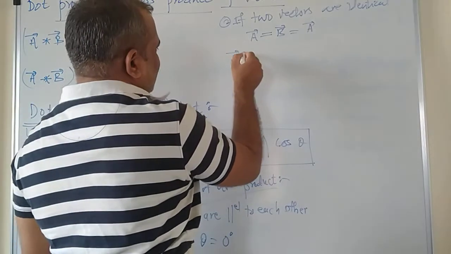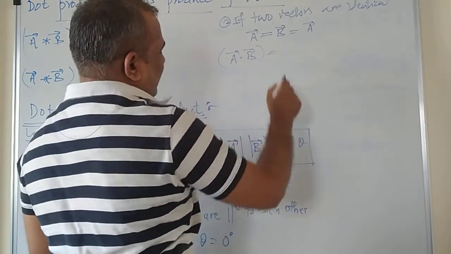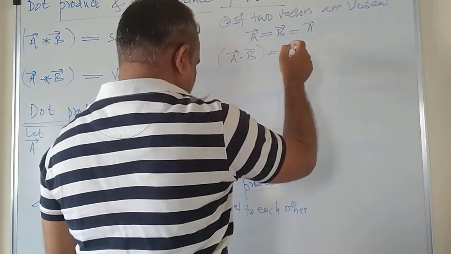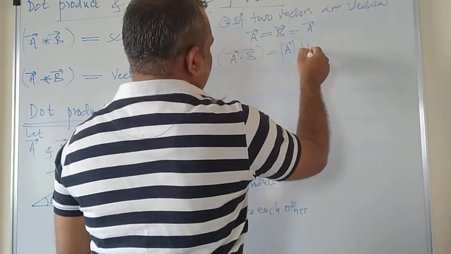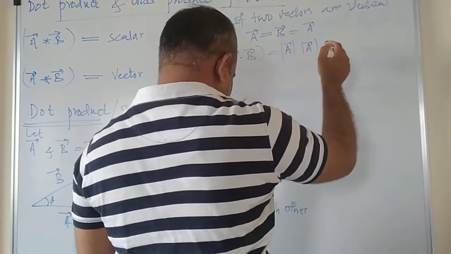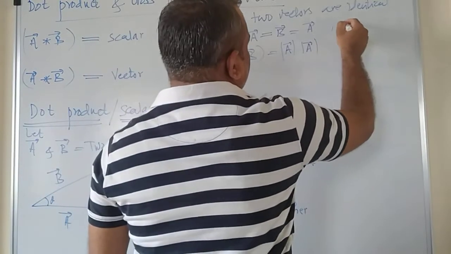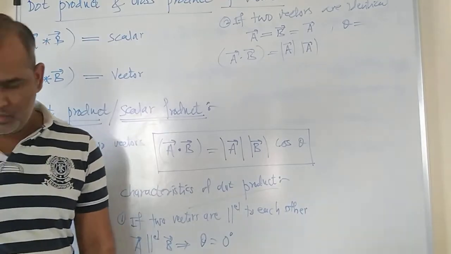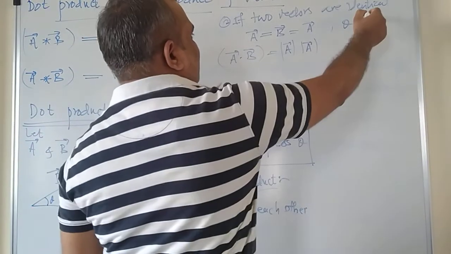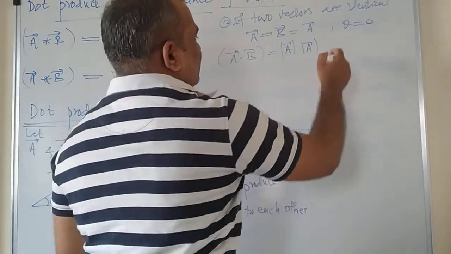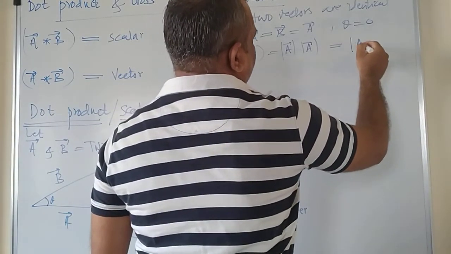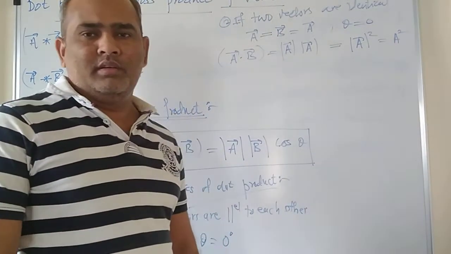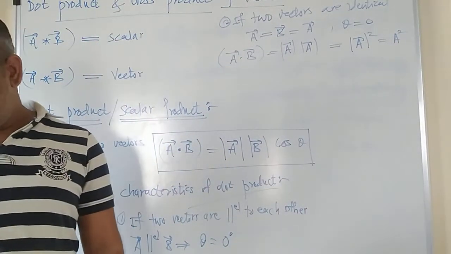Then the dot product between the two vectors a bar dot b bar will be equal to the magnitude of a bar, which is mod of a bar, and the magnitude of b bar, which is also mod a bar, into cos theta. But what will be the value of theta? Yes, if both are equal, then cos theta is equal to 1. Fine. So this will give me mod of a bar squared, that means a square. Got it? Because that becomes a scalar.